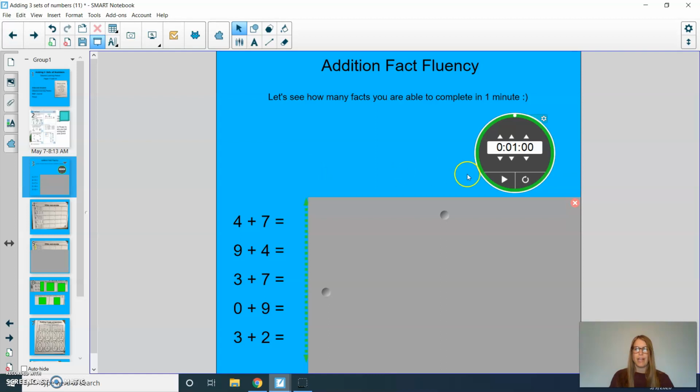So what this would look like when I start the timer, when you see the facts, you would say 4 plus 7 equals 11. 9 plus 4 equals 13. 3 plus 7 equals 10. 0 plus 9 equals 9. 3 plus 2 equals 5.